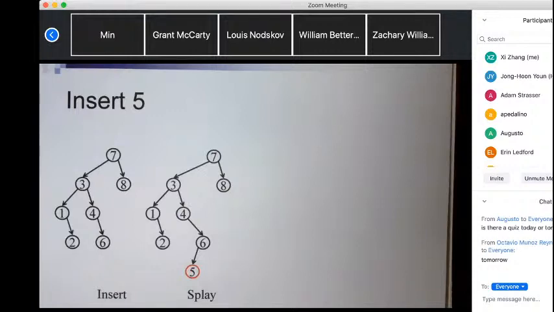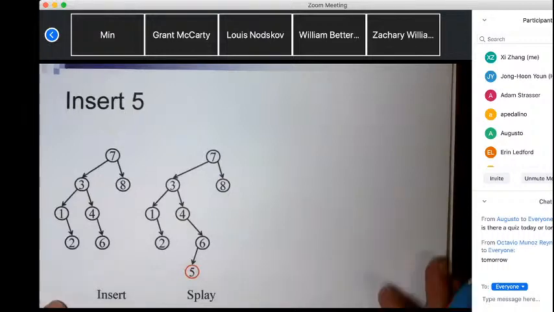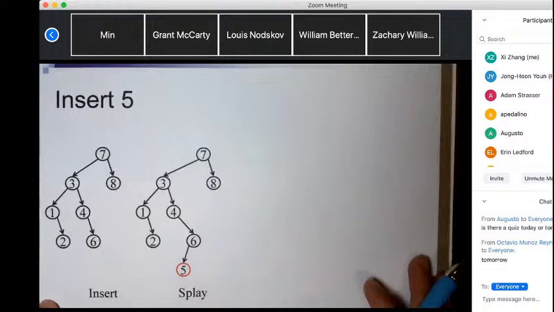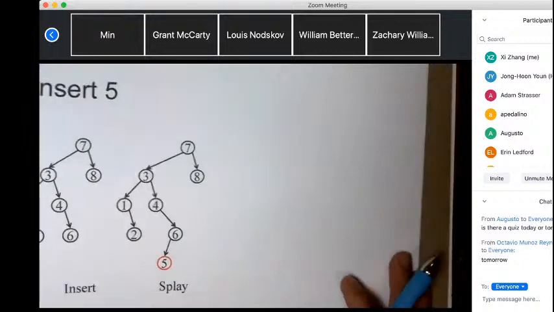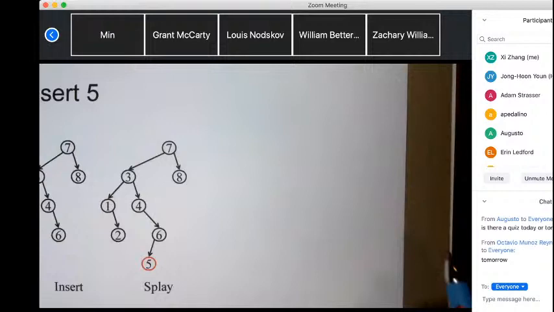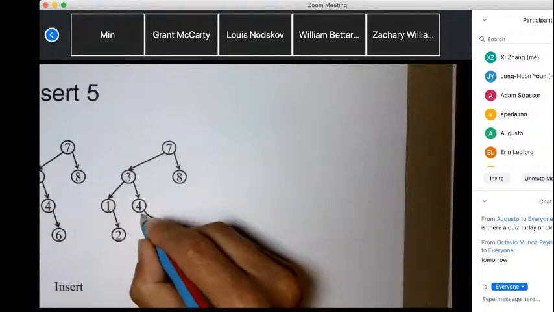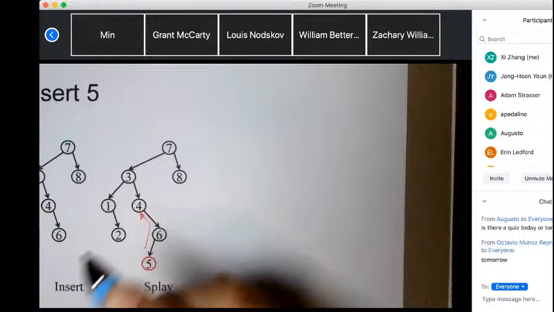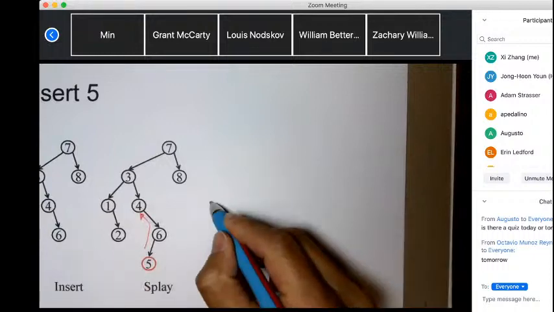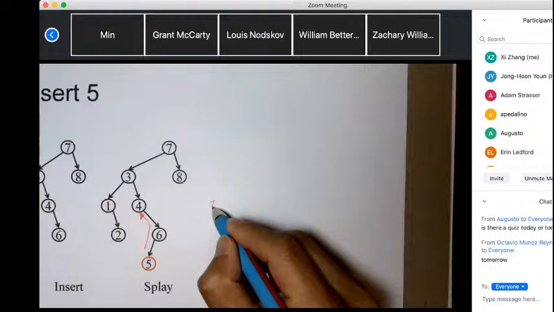Okay, let's work together. So the first rotation is zig rotation. So this is nothing but a double rotation. So no change on the root of the tree. 3, 1, and 2.